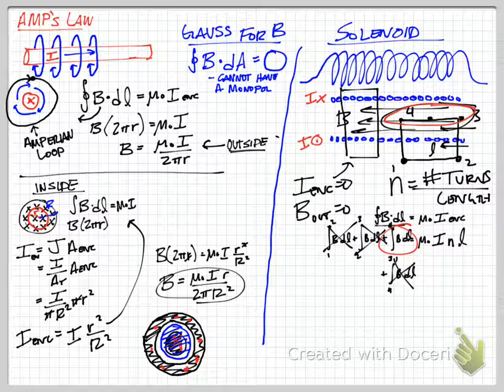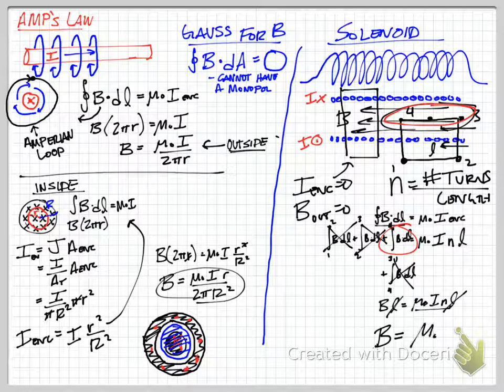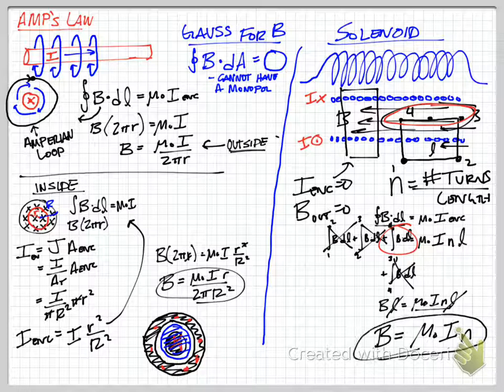So from 3 to 4, it's B times the length. Well, that's just B times L is equal to mu 0 times I times n times L. We have an L on both sides, so the magnetic field from the solenoid is mu 0 I times the number of turns per unit length in the solenoid.